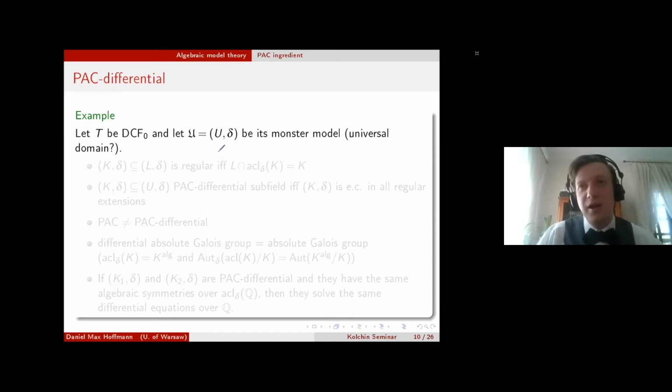Some of them can be elementary substructures, so models of DCF0 on their own, but some of them may be just differential subfields. But we are interested in all differential subfields.